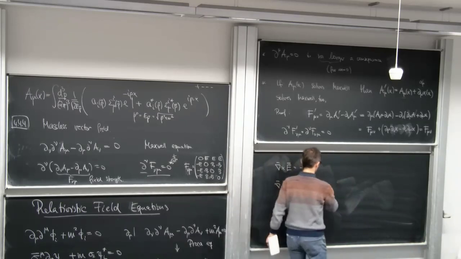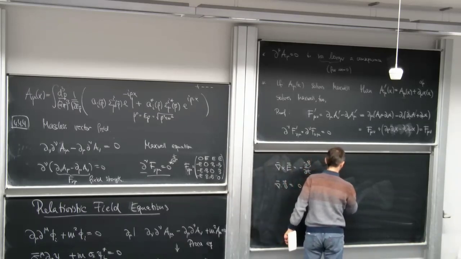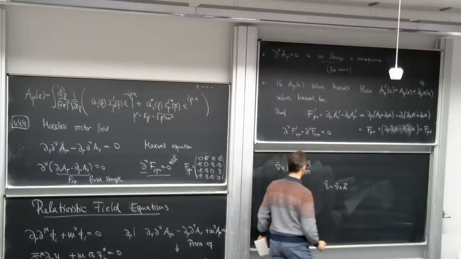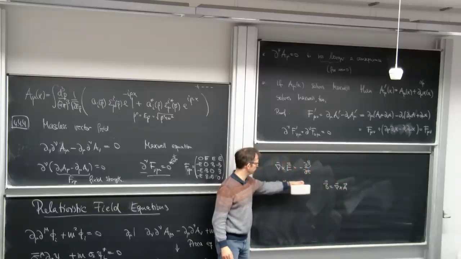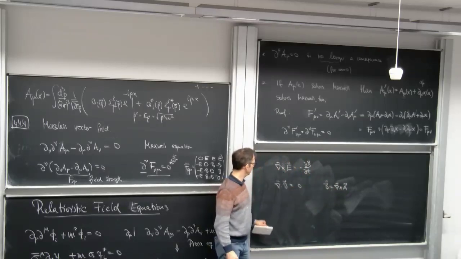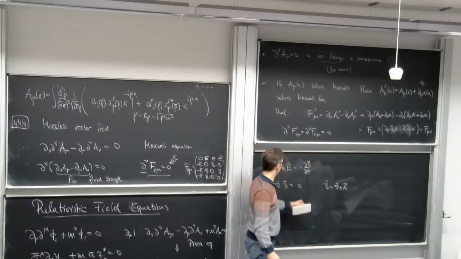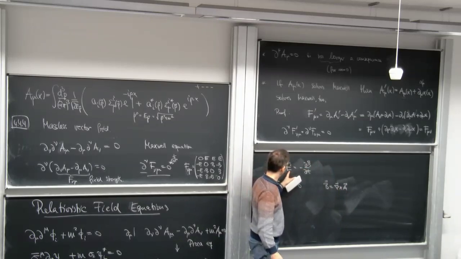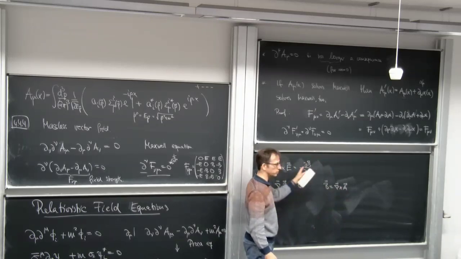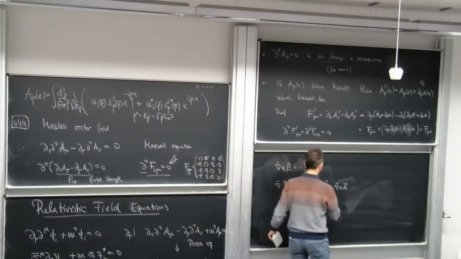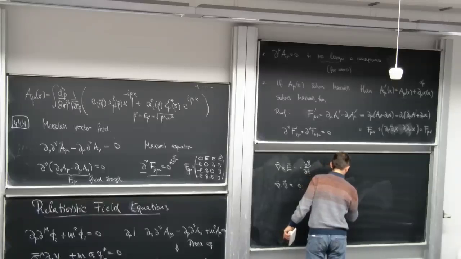solve this equation by saying that B is curl A, and then this is satisfied because the divergence of a curl is 0 always, and then I don't have to worry about this. I can insert this here in all the other places, and then I work with this A. Plugging this in here, you see that the curl of E plus A dot is 0, and then you call this the gradient of another field, and then you have your E is minus the gradient of phi, let's say phi because it's not our scalar field, minus A dot.